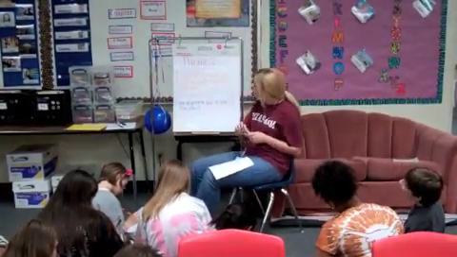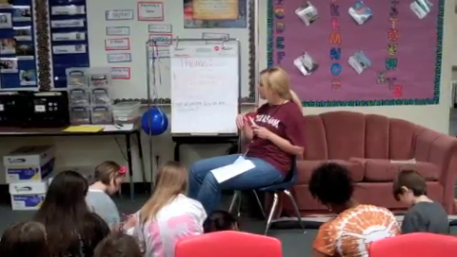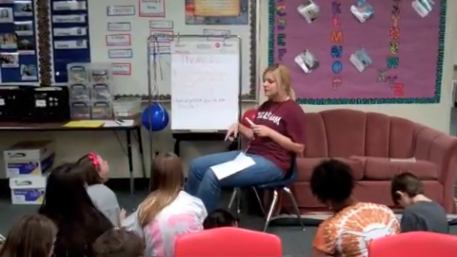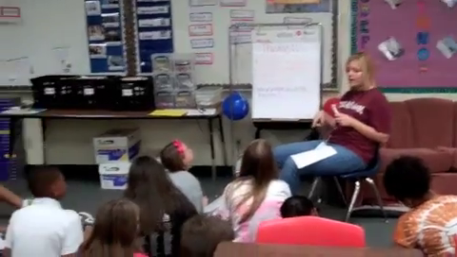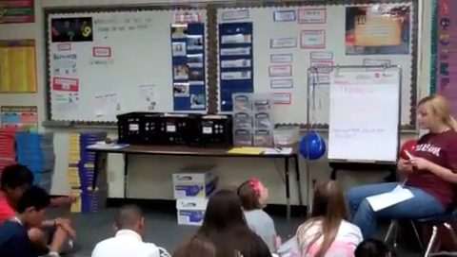So, going over our steps one more time, we're going to identify the characters, see what they say and do, look at the problem or conflict they have, and focus on how they solve it.